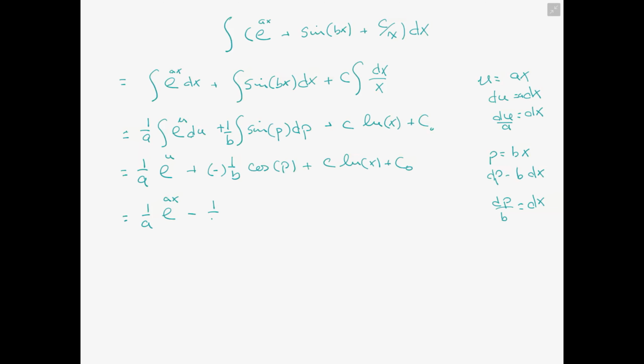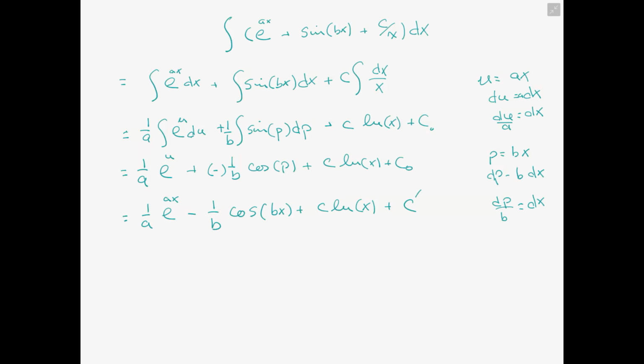We've got 1 on a, e to the ax plus, or that's a minus, sorry, minus 1 on b cosine, and p is bx, plus c ln x plus the constants combined.